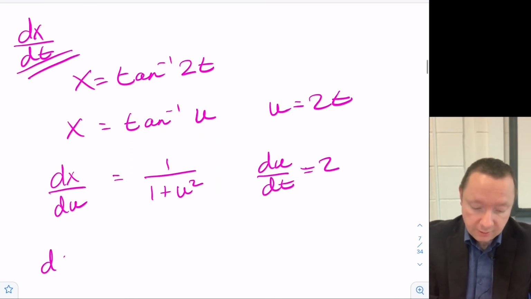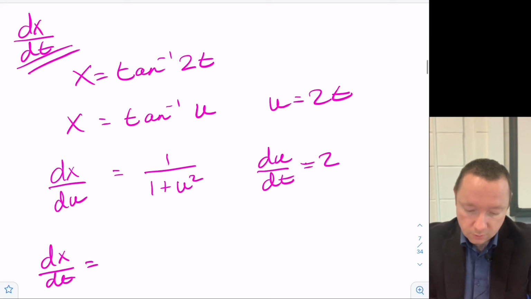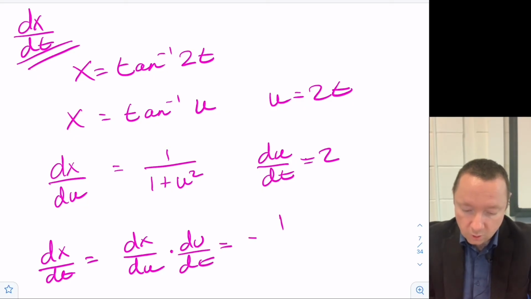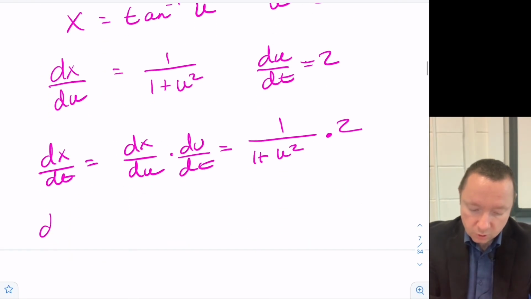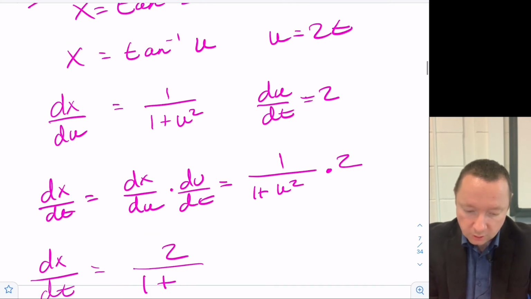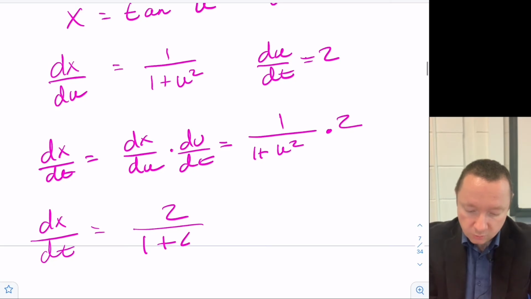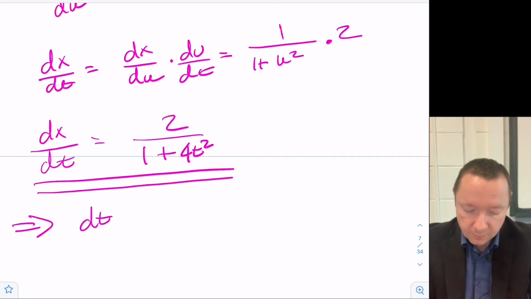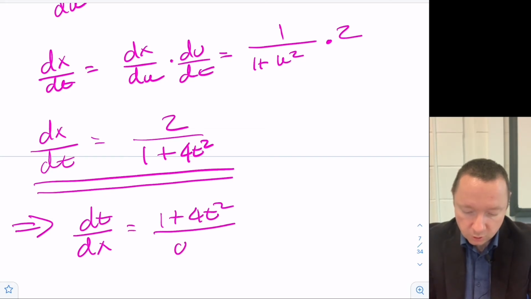So dx by dt is going to be dx by du times du by dt. So that's 1 over 1 plus u squared times 2. So we've got dx by dt is just 2 over 1 plus 2t squared, so 4t squared. So that implies that dt by dx, which is what we're trying to find out, is 1 plus 4t squared over 2.